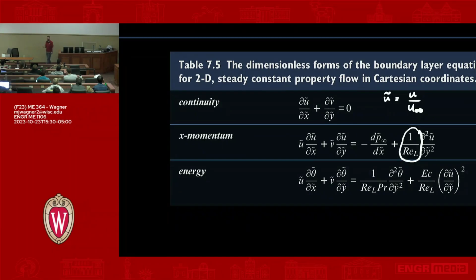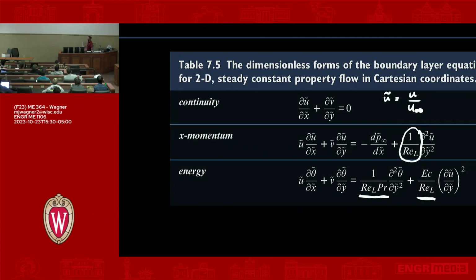You remember doing Buckingham pi theory and coming up with these dimensionless parameters. You can get to the same result by non-dimensionalizing these types of equations. Okay, so you get the Reynolds number out of the X momentum. Out of the energy equation, you get 1 over Reynolds times Prandtl, and these groups over here.